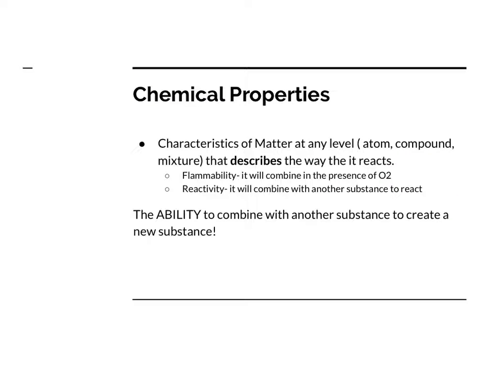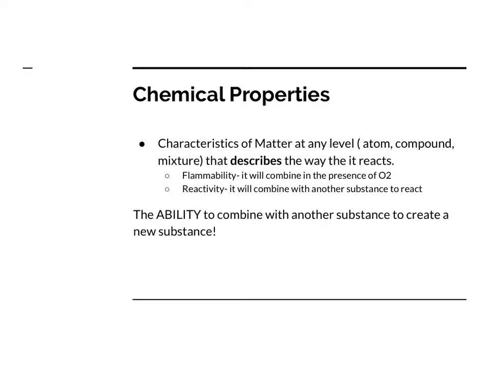Our second target for today is to be able to describe or define whether something's a chemical property. Chemical properties are different and a lot of times challenging because people think it's the actual action, whereas chemical properties are really only describing the ability. So, for instance, we can say that someone has the ability to do a pull-up, but that's different than somebody actually doing the physical act of a pull-up.